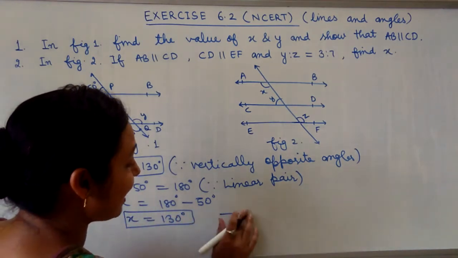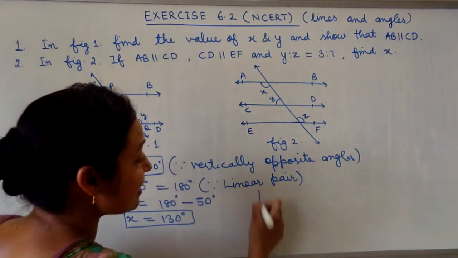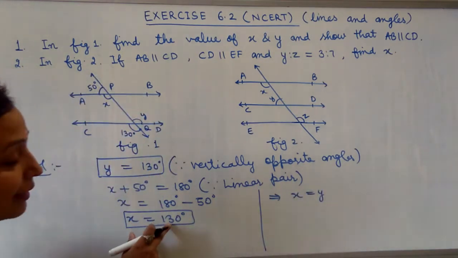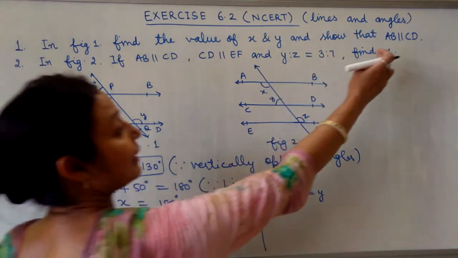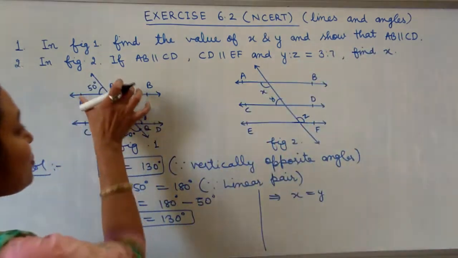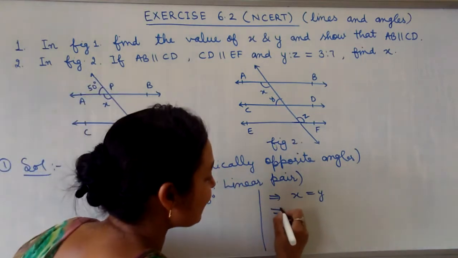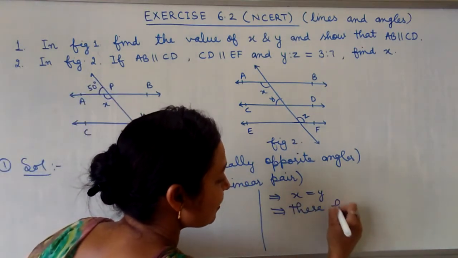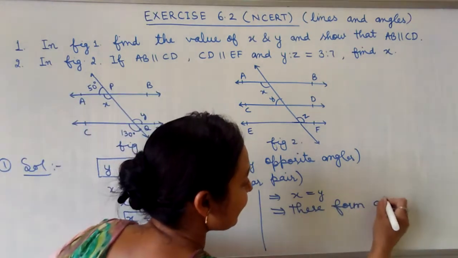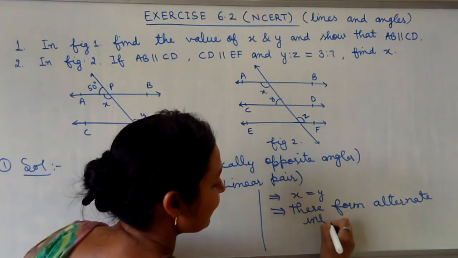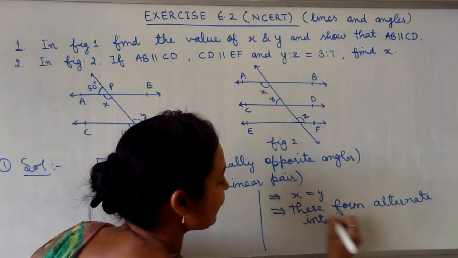This implies we can write x is equal to y. Both are 130 degrees, and you have to show that AB is parallel to CD. How can you show that? X and y form alternate interior angles.